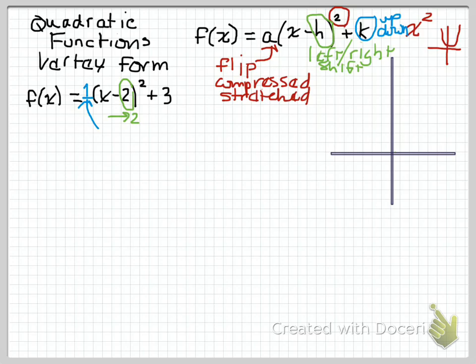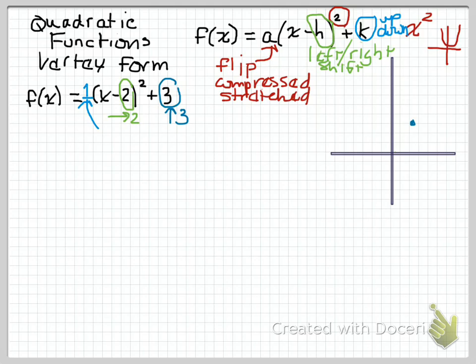And then our K for this example is the 3, and that tells us we're going to go up 3. So our new center point over 2 and up 3 is going to be in this vicinity. There we go. So this is our new center point.